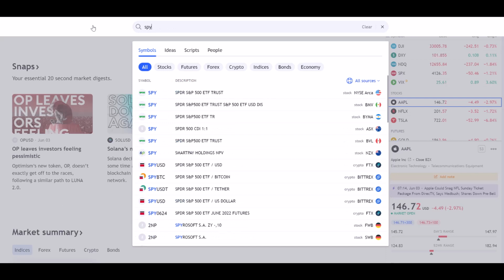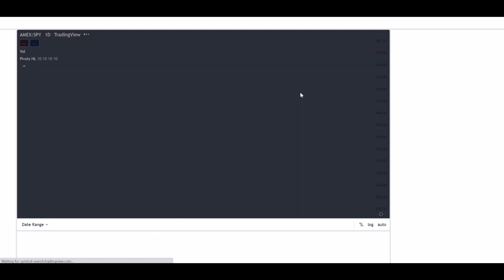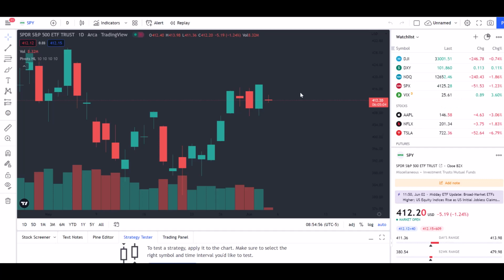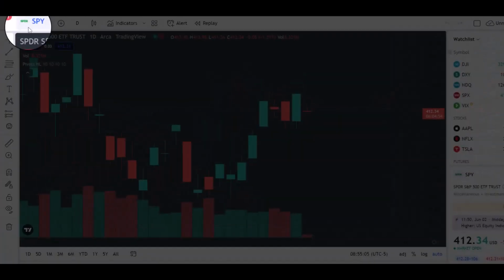Let's look at SPY. It's the S&P 500 ETF Trust. Launch the chart, and we see here that this is the chart of the S&P 500. You can tell by the symbol section here. You can also search for more symbols if you would like, or a different symbol. With this, you can compare a symbol to this list or to this chart to compare it.